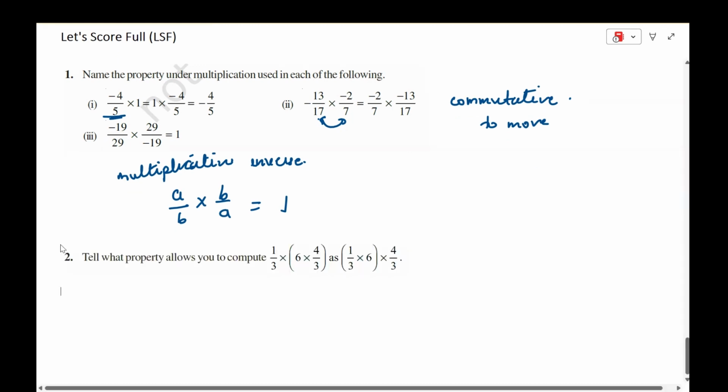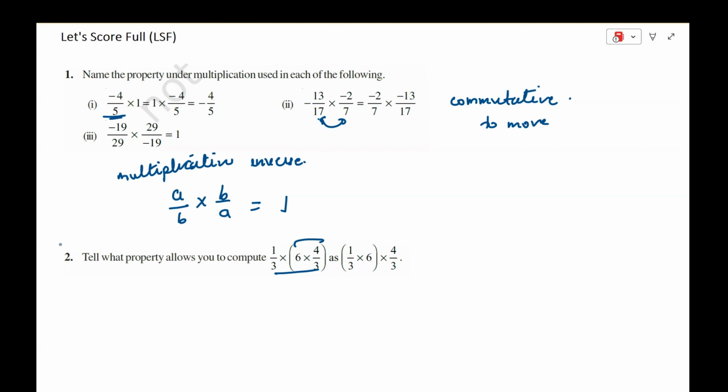The second question says, tell what property allows you to compute this. So here I can see it is in multiplication. In the first case, 1 by 3 is outside and the last two numbers I have multiplied. But in the second case, I have taken the two numbers together, then the third one. It means it is the associative property.